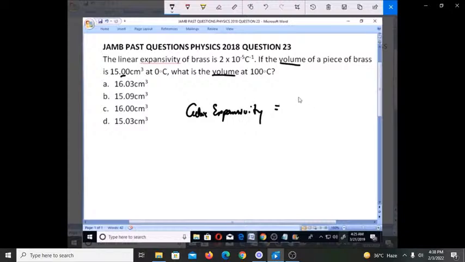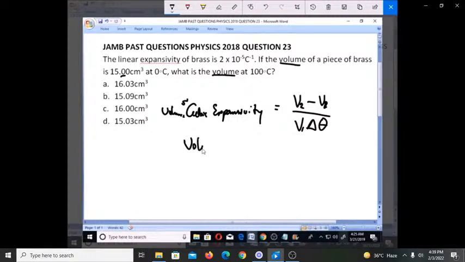It is actually the change in volume, which is the final volume minus the initial volume, all over the initial volume. The initial volume is V1, the final volume is V2, all over V1 times change in temperature. You can call it cubic or volume expansivity, so you can call it any of these.